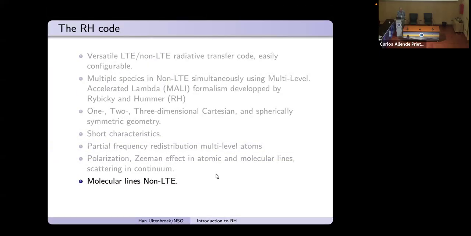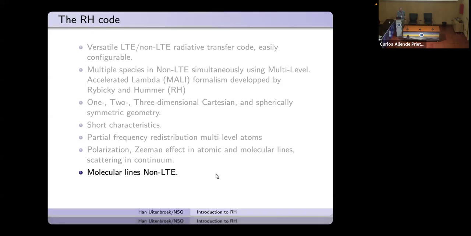Also, there are some examples of molecular lines in non-LTE. At some point, we figured that maybe the CO lines form high enough in the solar atmosphere that non-LTE effects would be important. This is only really when you go off limb, it might be important there.